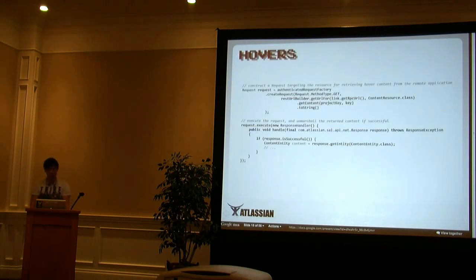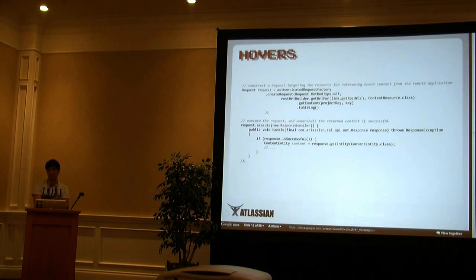Before we move on, I'll just show you a practical example, a bit of code where we've actually used these technologies together. This is a part of the hovers plugin we just looked at, where the local application is querying out to remote applications looking for content to render in those little hovers. You'll see we're using a request factory to create a request, just invoking the URL builder, hitting a content resource class.